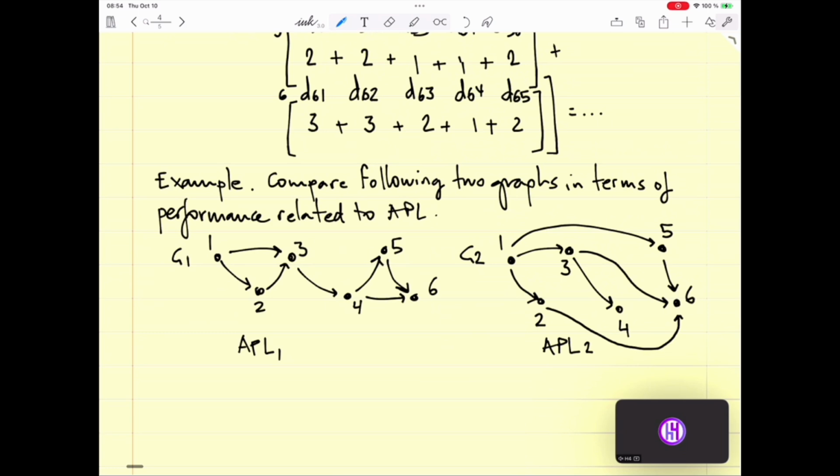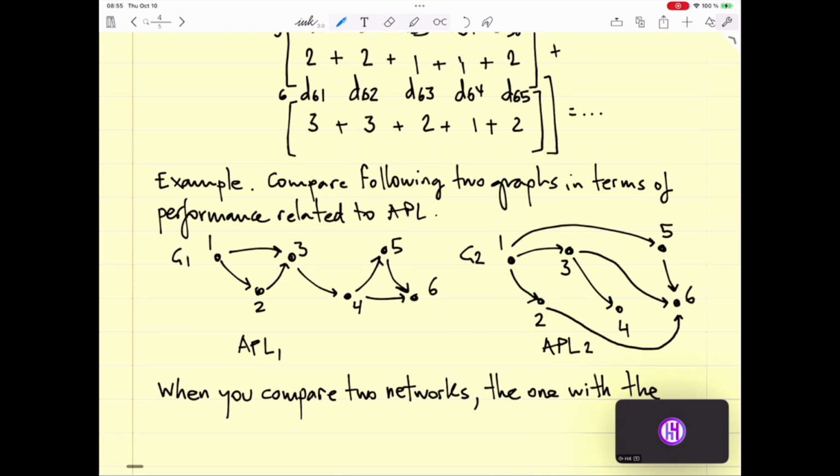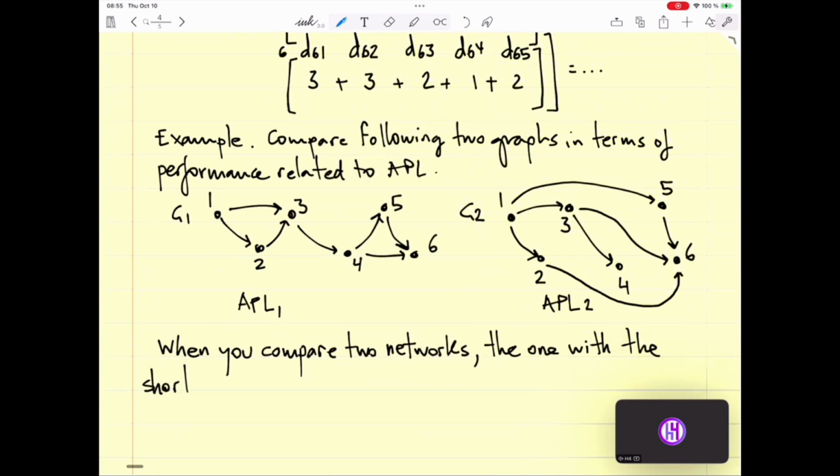Okay? So when you compare two networks, you can do that yourselves. The one with the shortest APL would usually be faster or more effective.